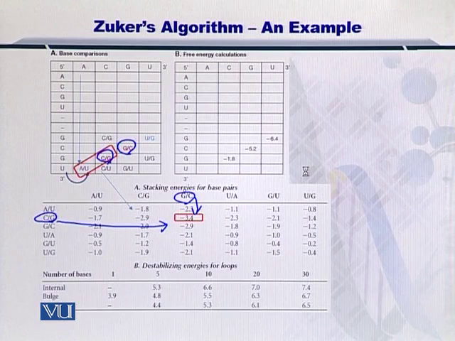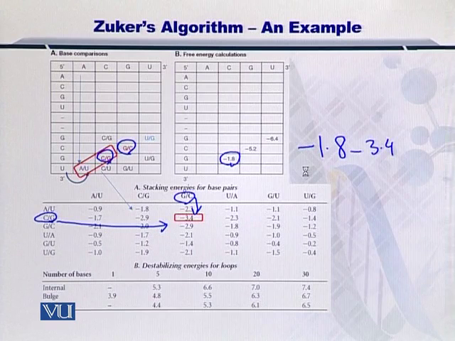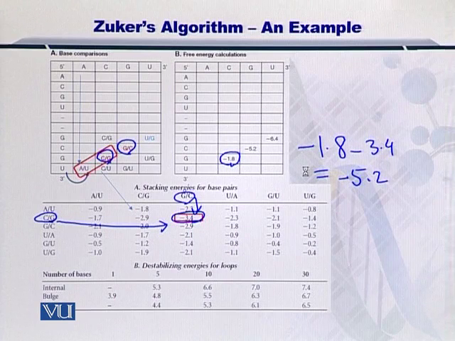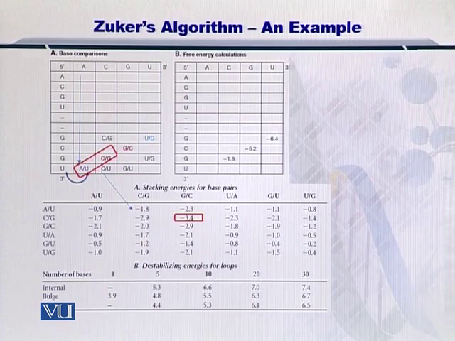So the net overall energy of the molecule will be minus 1.8 that was obtained earlier, shown here, minus 3.4 that is shown here, and this will be equal to minus 5.2, which is written here. In this way, you can continue to fill this table, and you can fill the next box with minus 6.4, and so on and so forth.